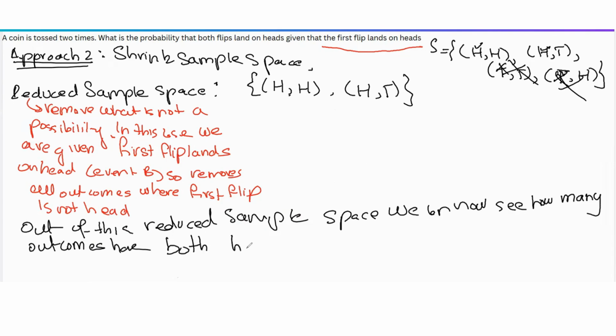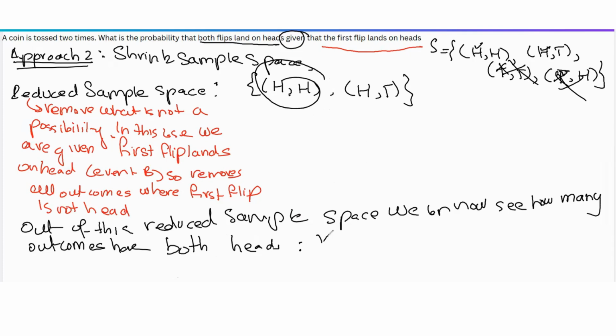Remember, what we wanted to find was the probability that both flips land on heads given that the first flip lands on heads. So we've already reduced our sample space by removing what is not a possibility and only considering the outcomes where the first flip lands on head. Now we just count the total number of outcomes that have both heads, which is just 1.